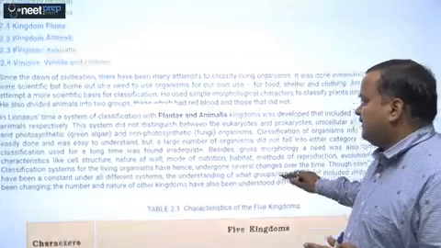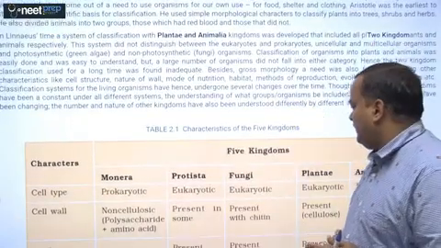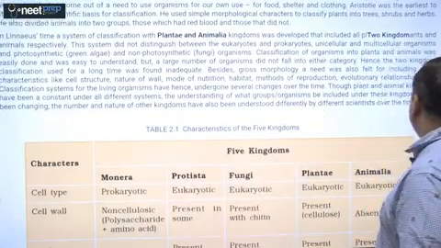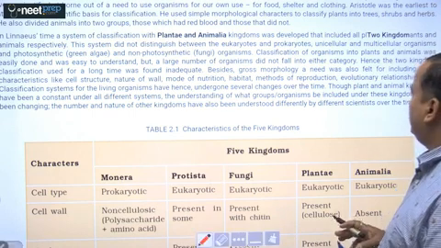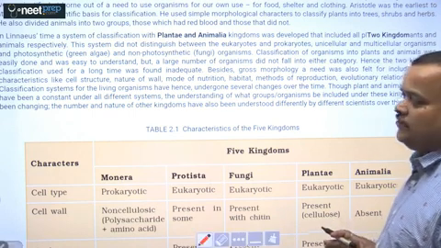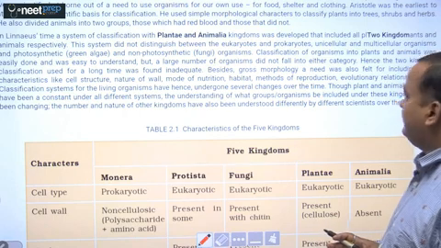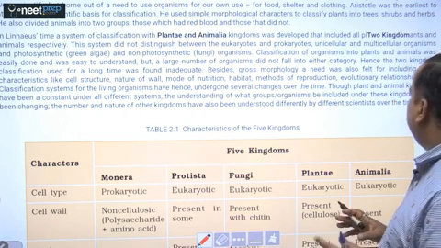as per this classification system, evidences are taken from different sources. So what are the sources which are taken into account during the five kingdom classification by R.H. Whittaker?